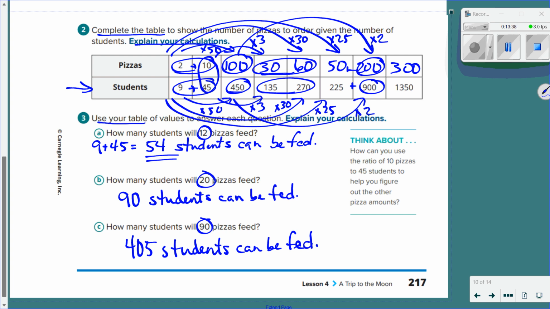But 90, I could have just taken 30 and tripled it if you wanted. 90, I could have taken 10 and done times 9, 45 times 9. There's a whole bunch of different ways you could have done it. Could have done 100 minus 10 if I wanted to do that one. 450 minus 45.